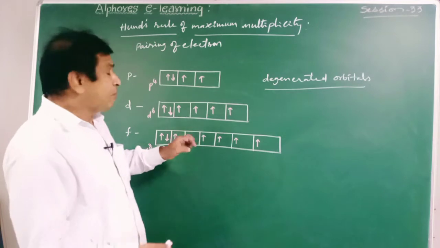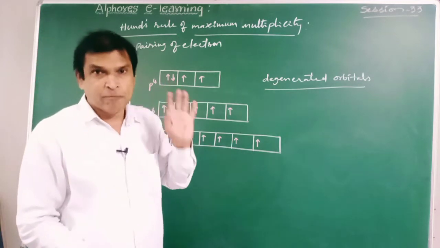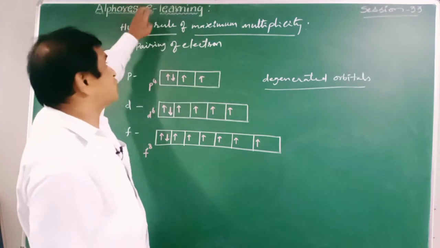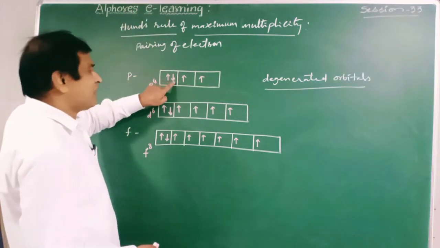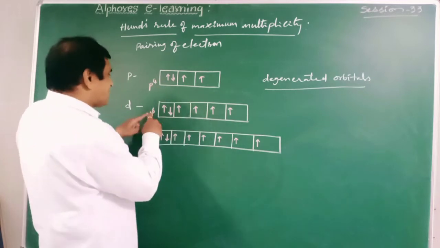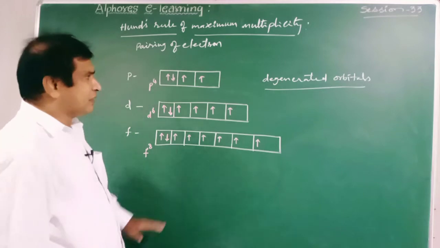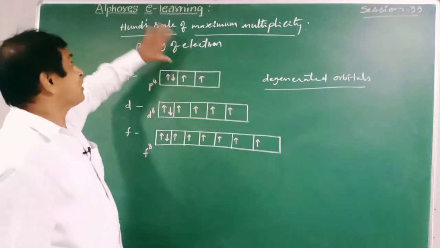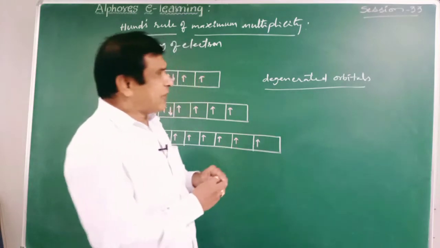Then the pairing takes place with an anti-parallel spin electron. That is the statement of Hund's rule. In p orbitals, the 4th electron starts pairing. In d orbitals, the 6th electron starts pairing. In f orbitals, the 8th electron starts pairing. So we have explained the concept of Hund's rule in detail.